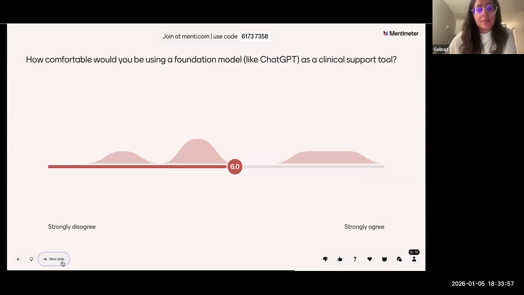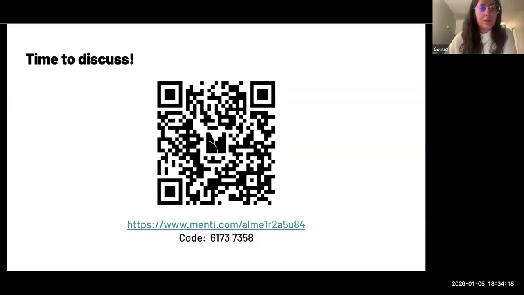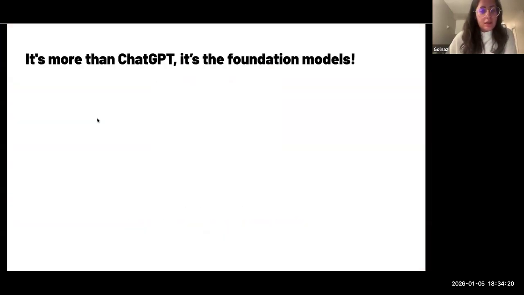Okay, kind of not evenly distributed, which shows how controversial it can be to integrate these tools into our daily lives.